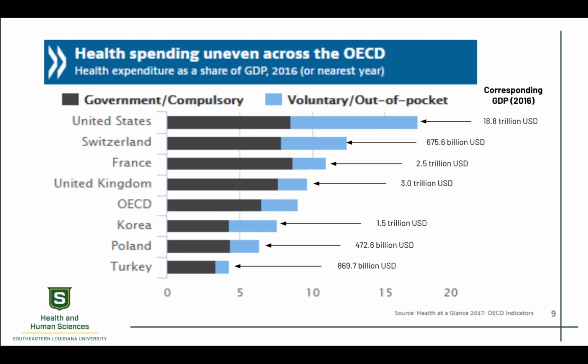But when you compare how much of the spending is coming from government or is compulsory from the public, versus the part of the cost of healthcare that residents have to bear, in the US the out-of-pocket spending that people have to be responsible for their own health financing is almost more than the spending that comes from the public purse.